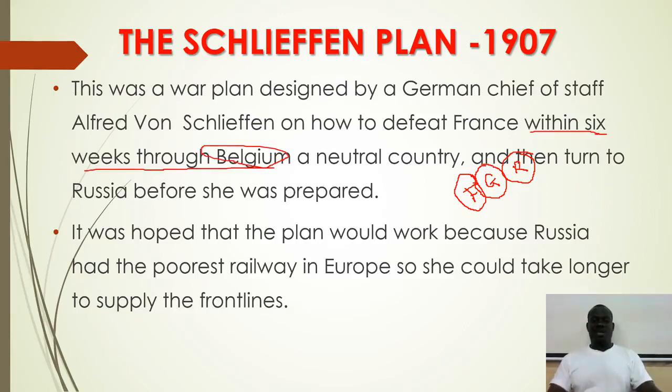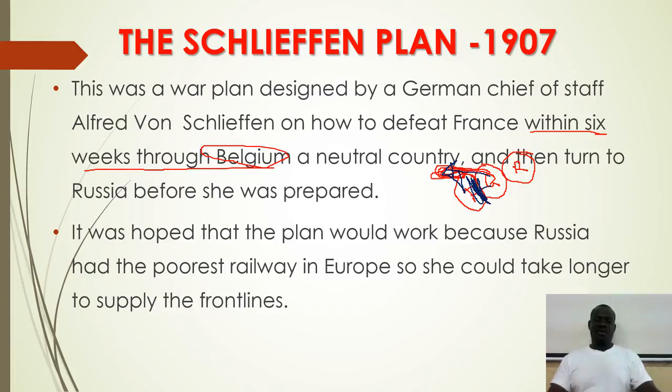That's where you need to take note. Belgium is somewhere here, bordering France. The Germans planned to occupy Belgium first, to take Belgium by force. Then from there, within a short period, they would enter France through the back door, because at the boundary there were strong borders with military reinforcement from France.